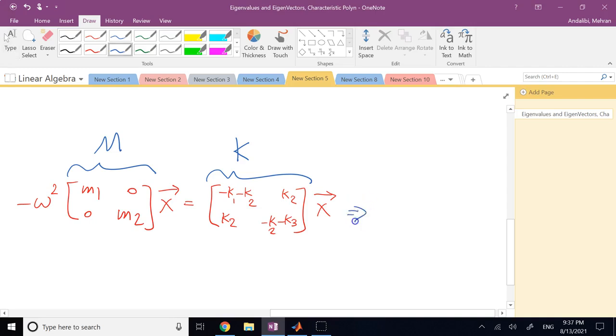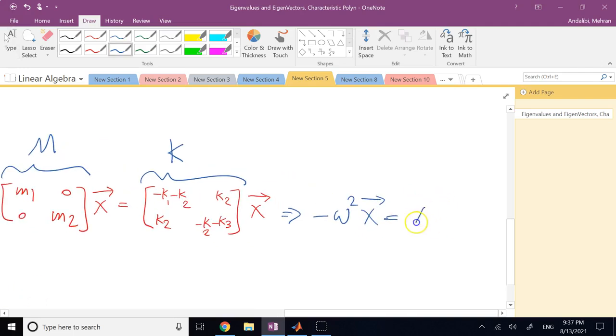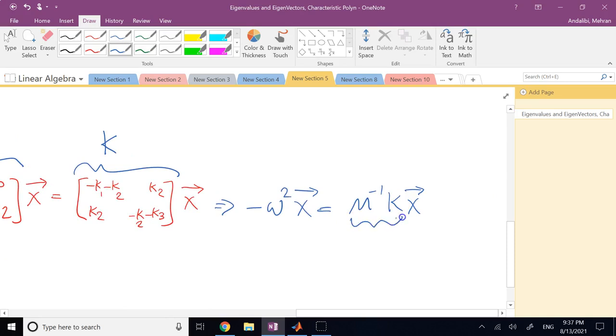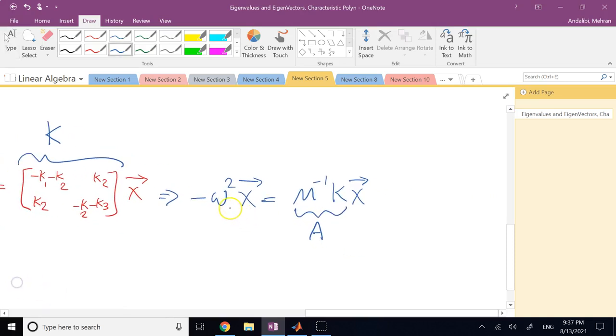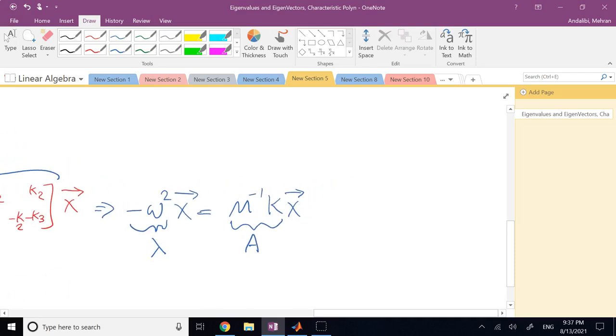Then you will get negative omega squared x is going to be M inverse K times x. And now if you call this matrix A and call this constant lambda, then you'll get A times x equals lambda times x.